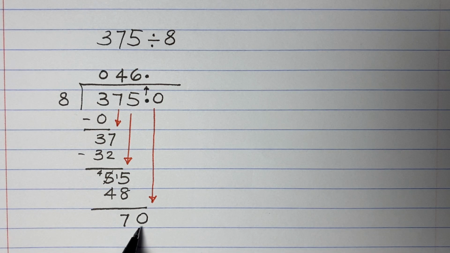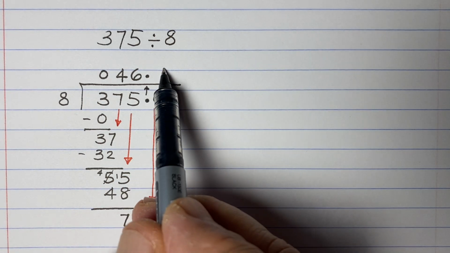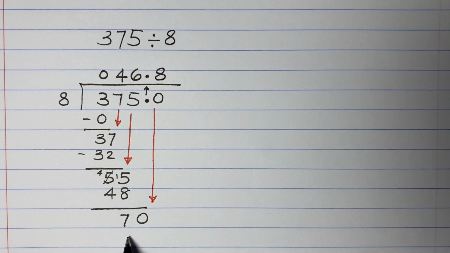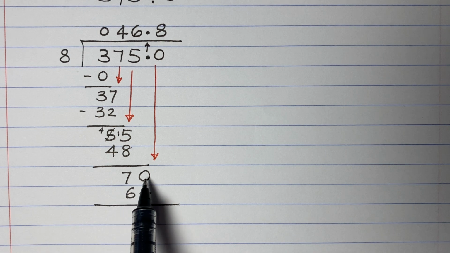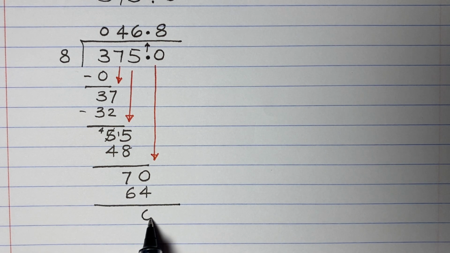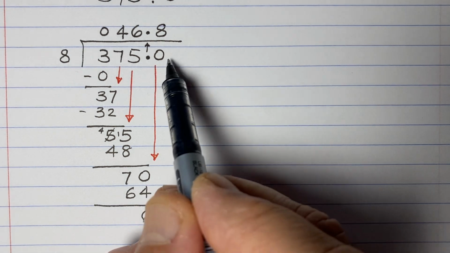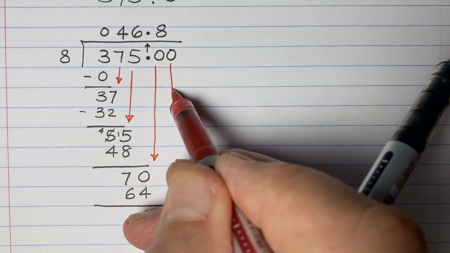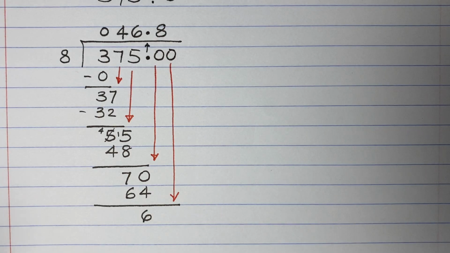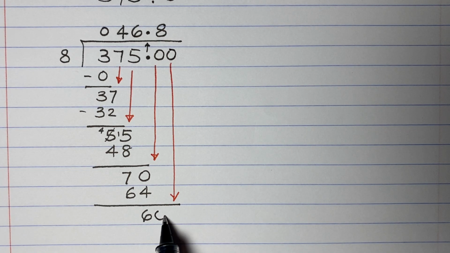How many 8 goes into 70? 8 8s are 64. Take away, 70 take away 64 is 6. Again, create another 0 and bring it down. So that becomes 60.